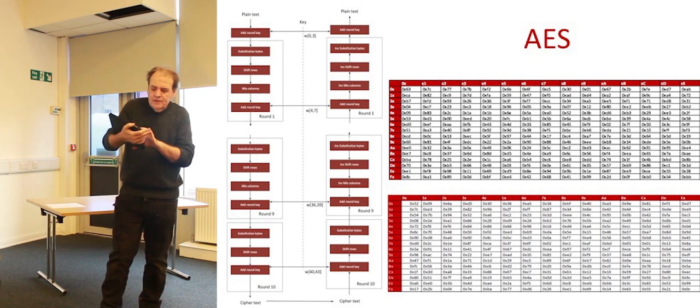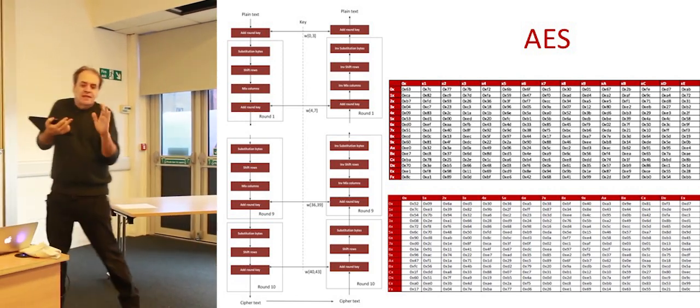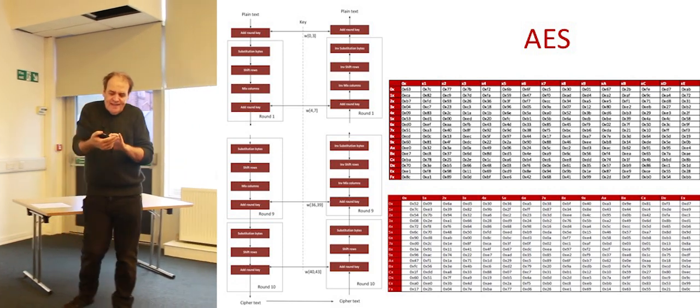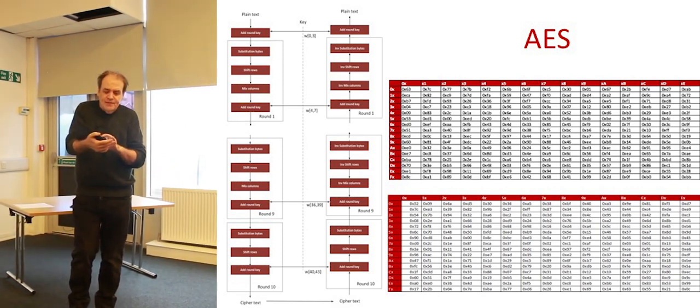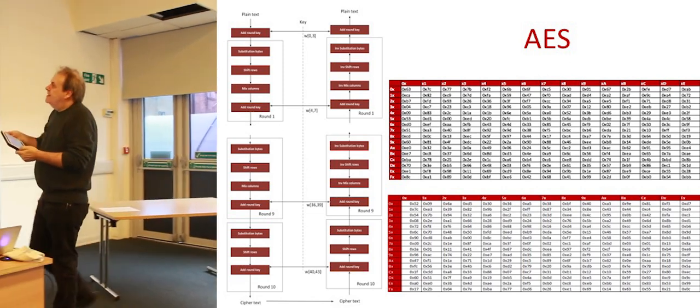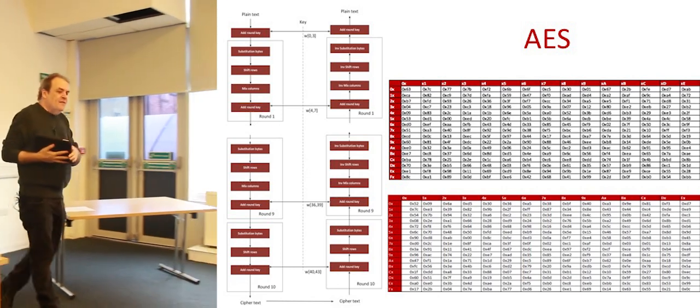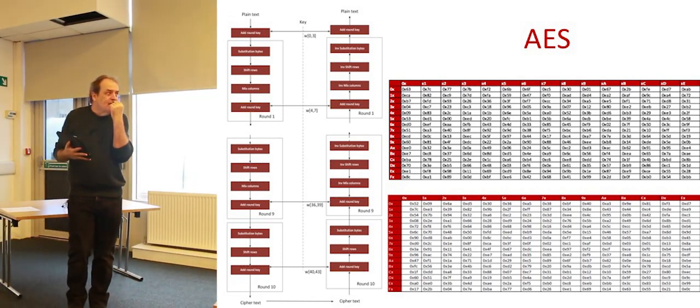This is a row scramble. And then we scramble the columns. And we go through that for 128 bits 10 times. And that's the basic operation that we do with AES. Unfortunately, as we've shown here, that leaves a footprint.